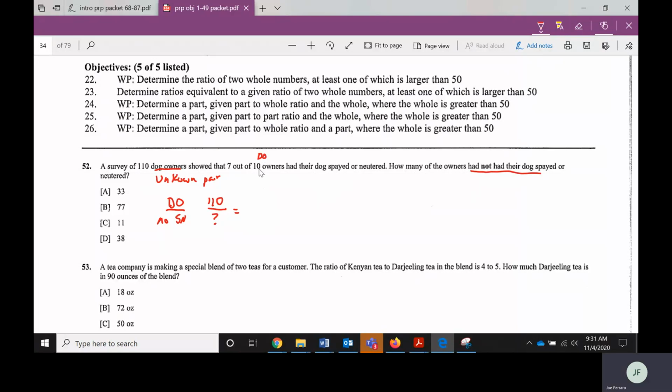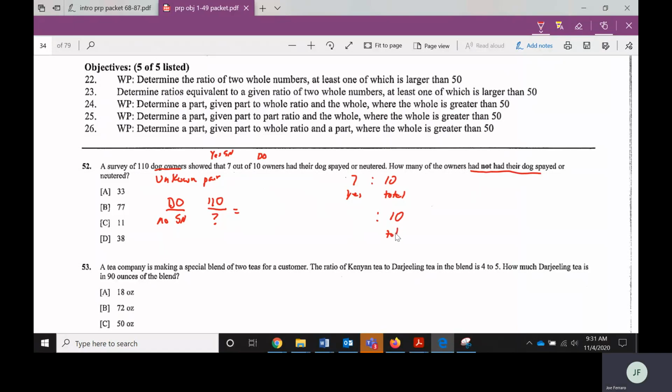The 7 represents how many had their pet spayed or neutered, so this would be a yes, spayed or neutered. So we had 7 yes to 10 total owners. But we need to have total owners, so dog owners, and not spayed and neutered.